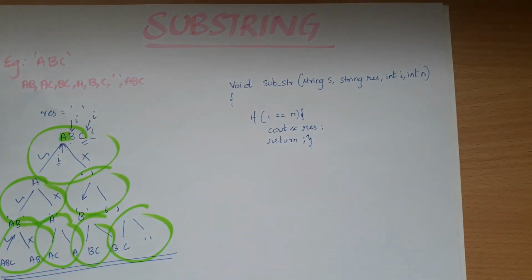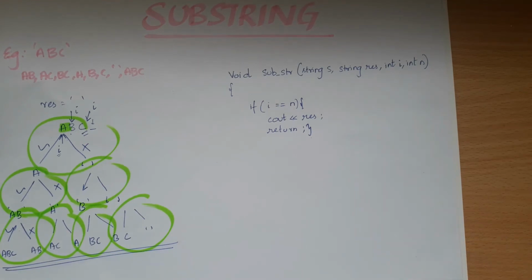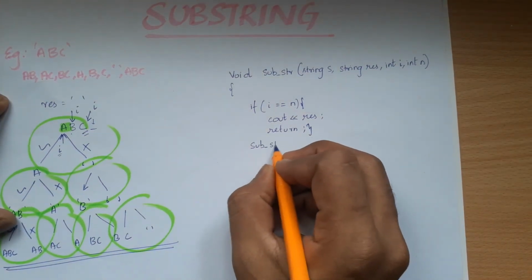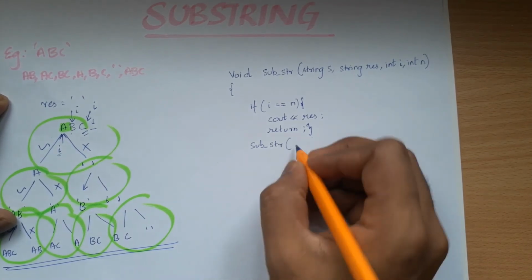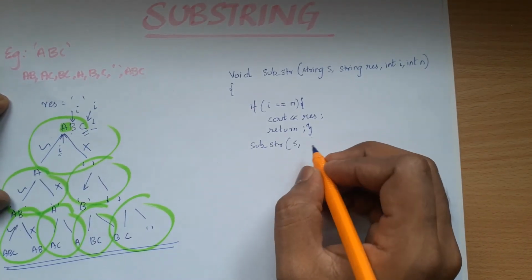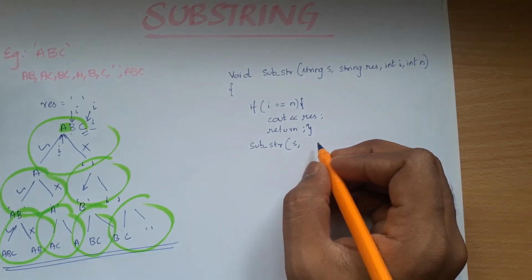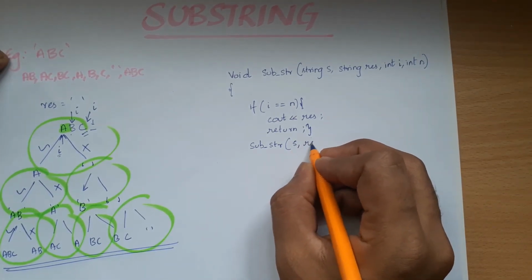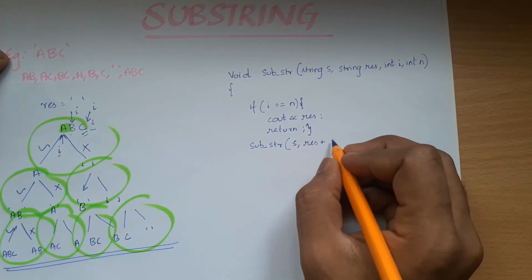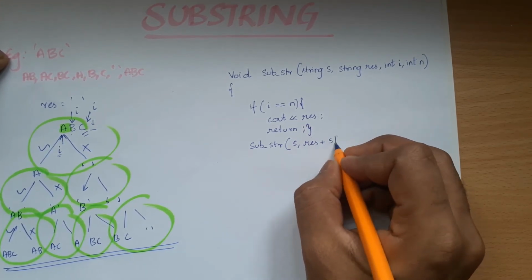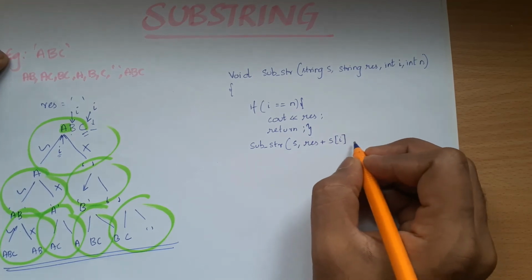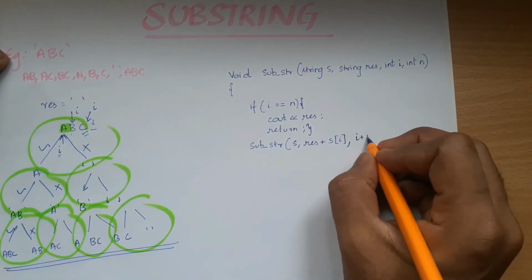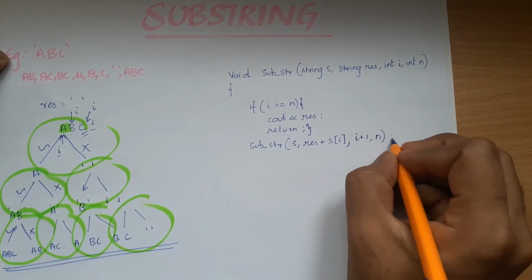Now here's the important point where we call the function again recursively, but notice that I'm going to change the parameters. The string is passed as such, S, but the result is concatenated with the character pointed to by my iterator I, then I is incremented and the size remains as such.